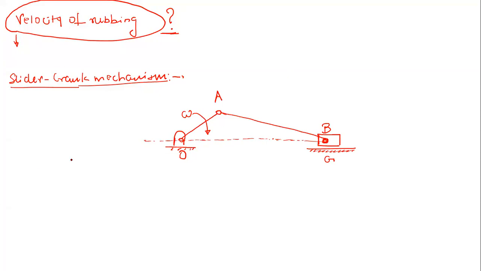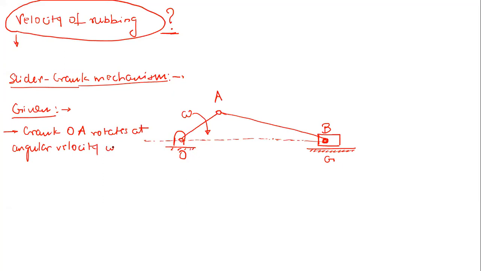Okay. Now again, let me write it down quickly what is given and what we have to find out. First of all, given is that the crank OA rotates at angular velocity omega in clockwise direction.